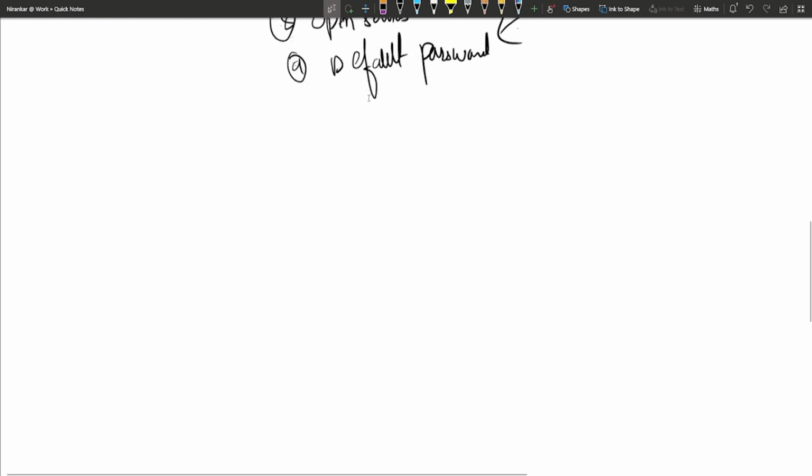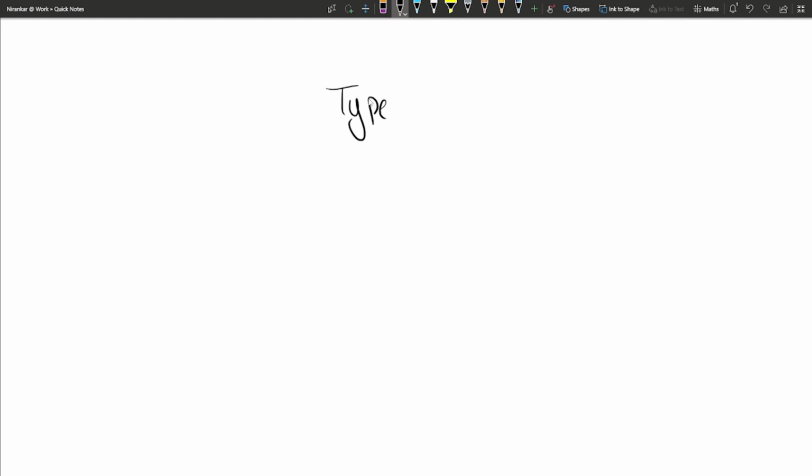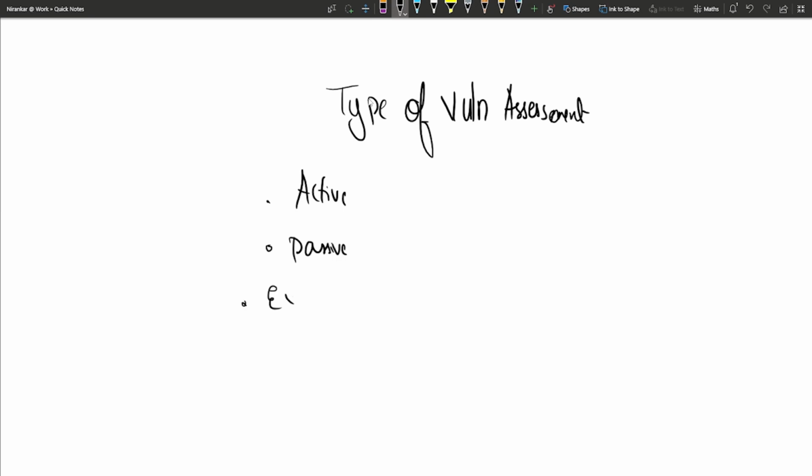Now there are types of vulnerability assessment. The types of vulnerability assessment are active, passive, external, internal, host based.